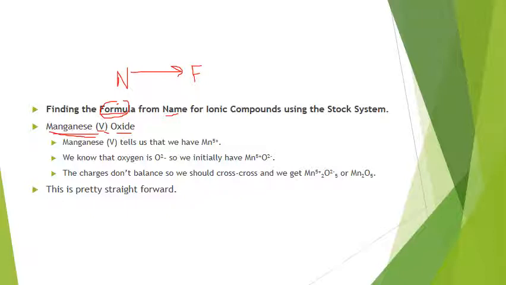Don't worry about where I got that 5. But this tells me I have manganese 5 plus. We already know that oxygen is 2 minus, it's in that column. So you have initially Mn 5 plus and O 2 minus. The charges are not the same, so you crisscross, and so you get Mn2O5.